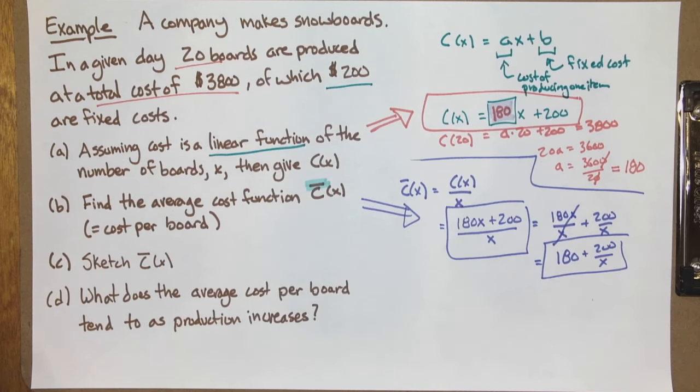Question one, is there a horizontal asymptote? Question two, what is the horizontal asymptote? So question one, is there a horizontal asymptote? Yes. What is it? Not zero.